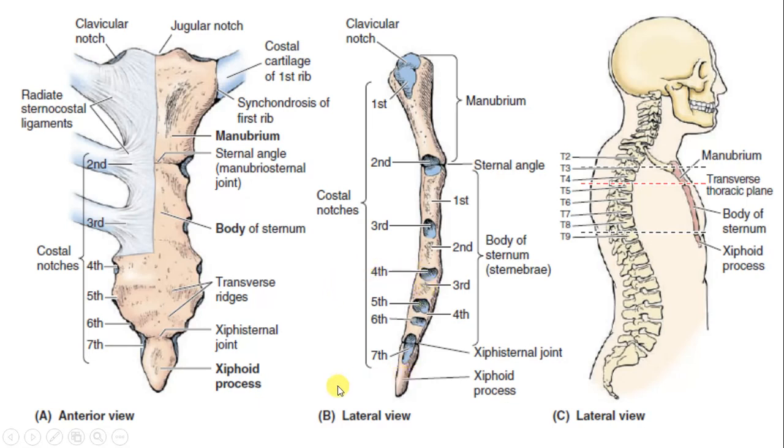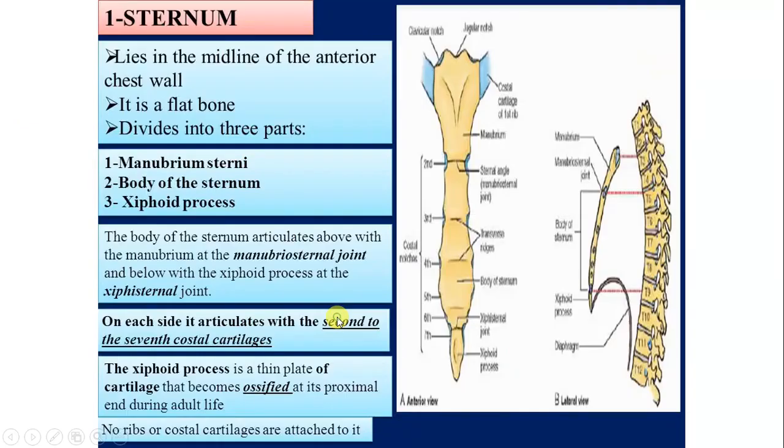But below this, the 8th, 9th, 10th ribs are not attached with the sternum, but they are attached with the costal cartilages of each other, so they will be vertebrochondral ribs. And the lower two ribs are floating ribs.